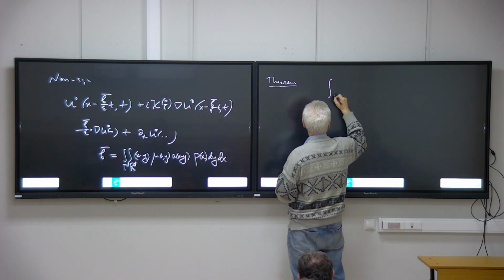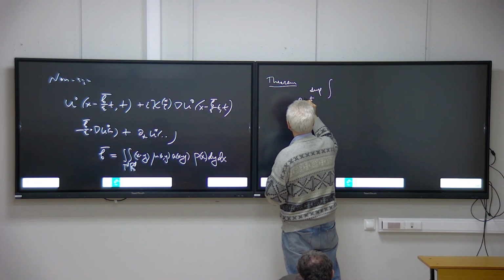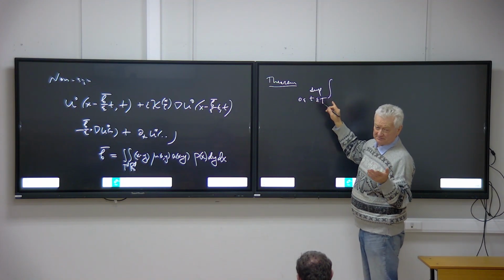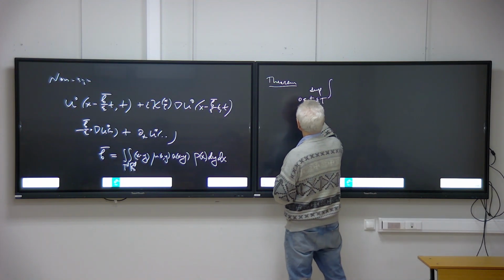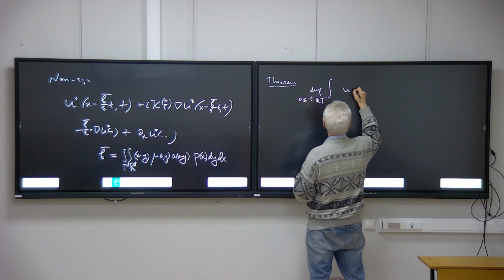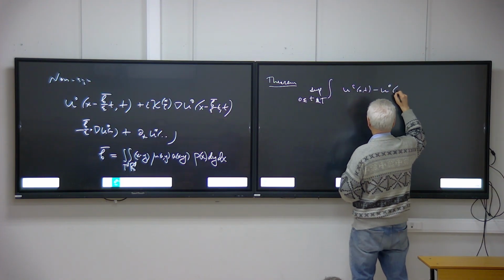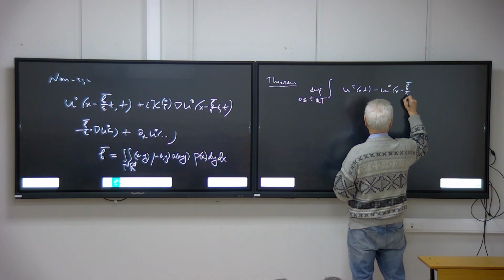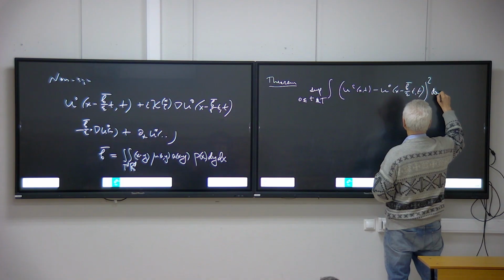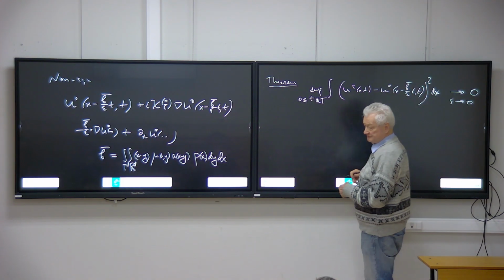That the integral, supremum in time, for any time, t capital is an arbitrary number, of the integral of u epsilon of x, t minus u0 of x minus b bar over epsilon t, squared, dx, tends to 0 as epsilon goes to 0.